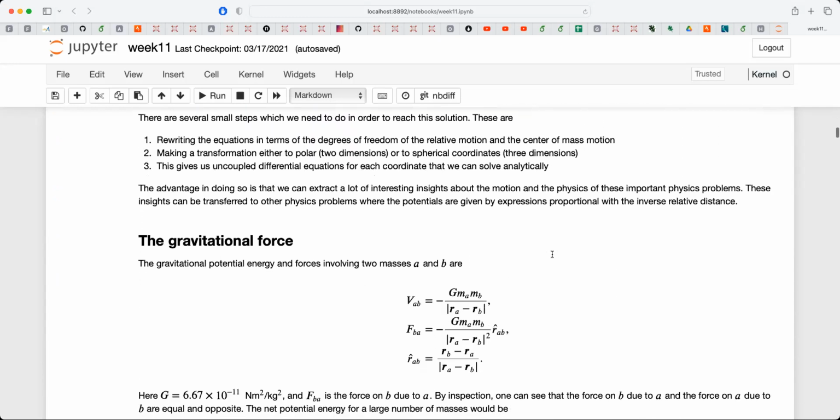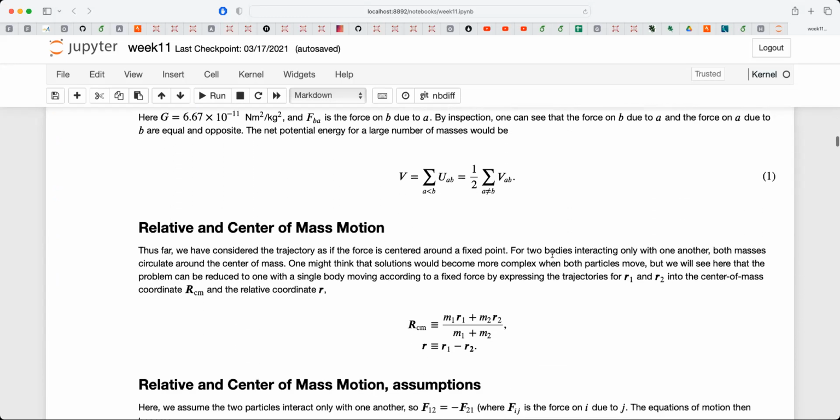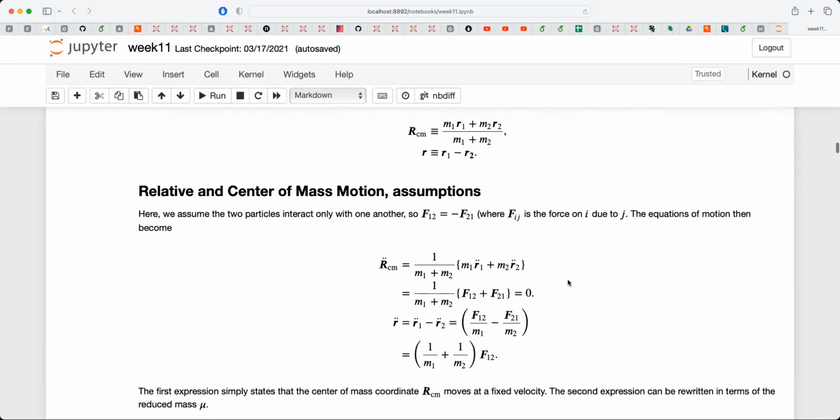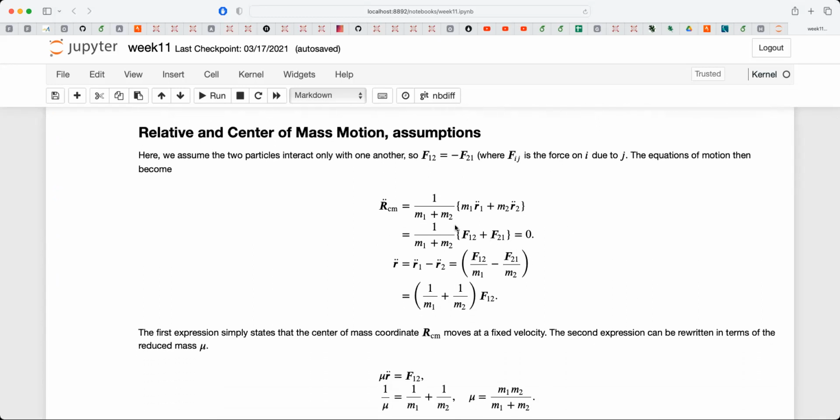So to quickly remind you, what we did was to start with the relative and central mass coordinates. And what we showed was that the total linear momentum is a conserved quantity.